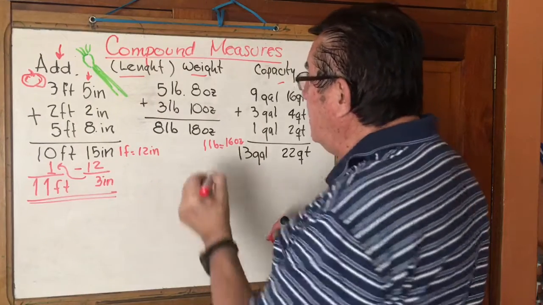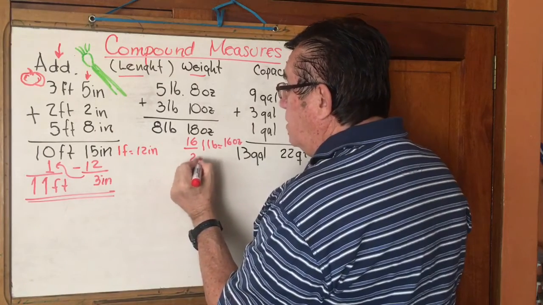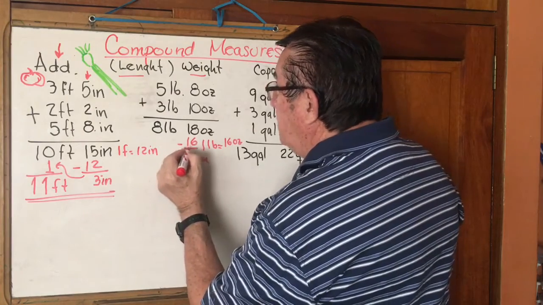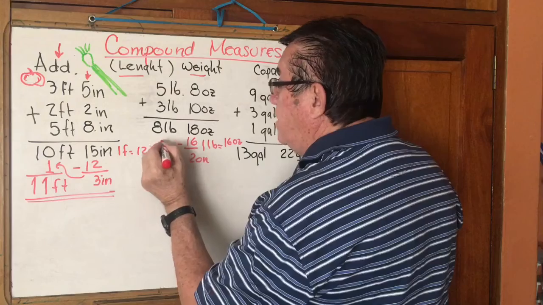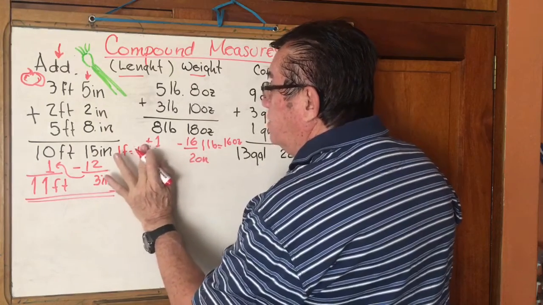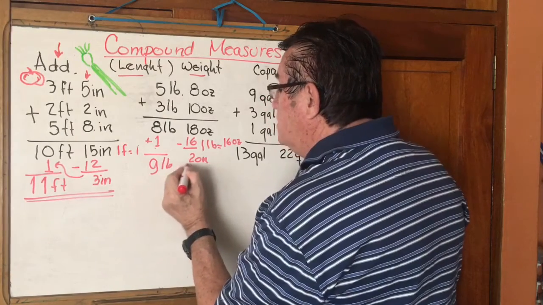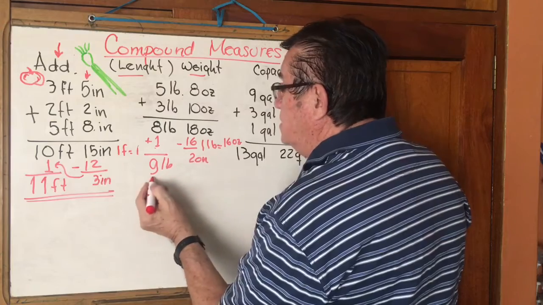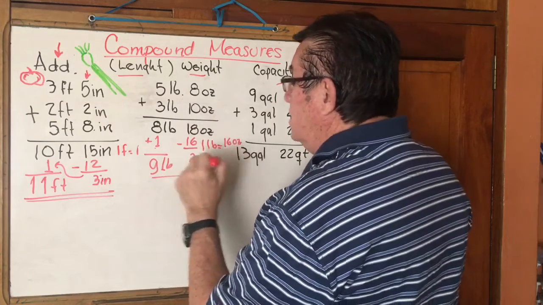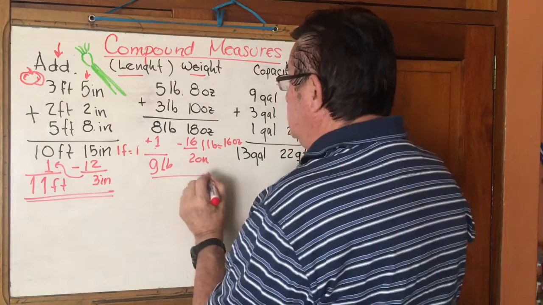So that means that I will have to subtract from here, and I will get 2 ounces. And this will be 1 extra pound, so it will be here, plus 1. And in this case, we'll get 9 pounds and 2 ounces. So this is my addition. I found that this is 9 pounds and 2 ounces.